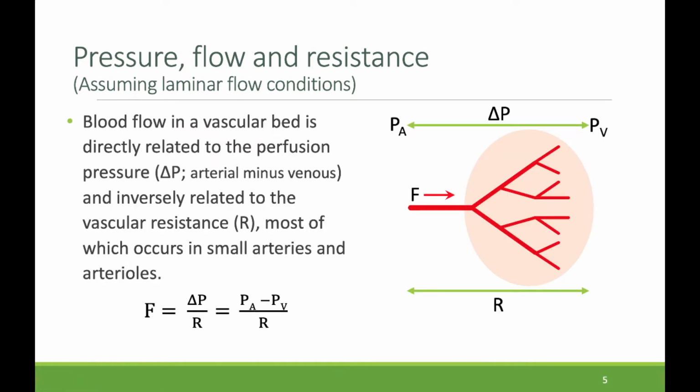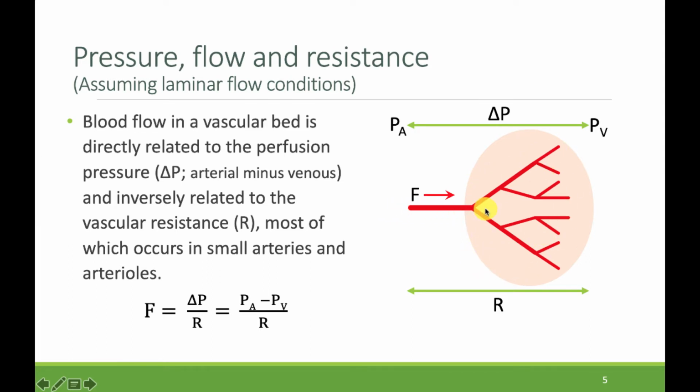In the last 2 slides, we have looked at the relationship between pressure, flow, and resistance in an isolated arterial segment. But normally that arterial segment is perfusing a region of tissue. So the arterial segment then is dividing into smaller arteries and eventually arterioles that will make up the microvascular network of that tissue.